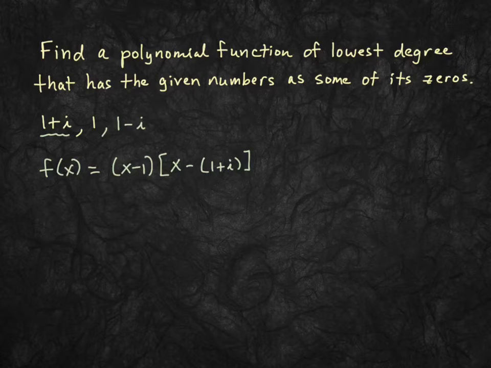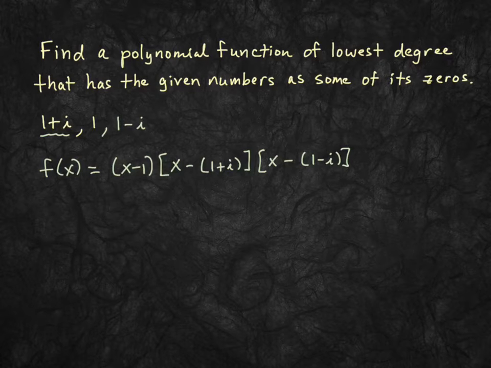And if 1 minus i is a zero, we know that x minus (1 minus i) is a factor. And so we need to multiply these three factors in order to come up with the polynomial.